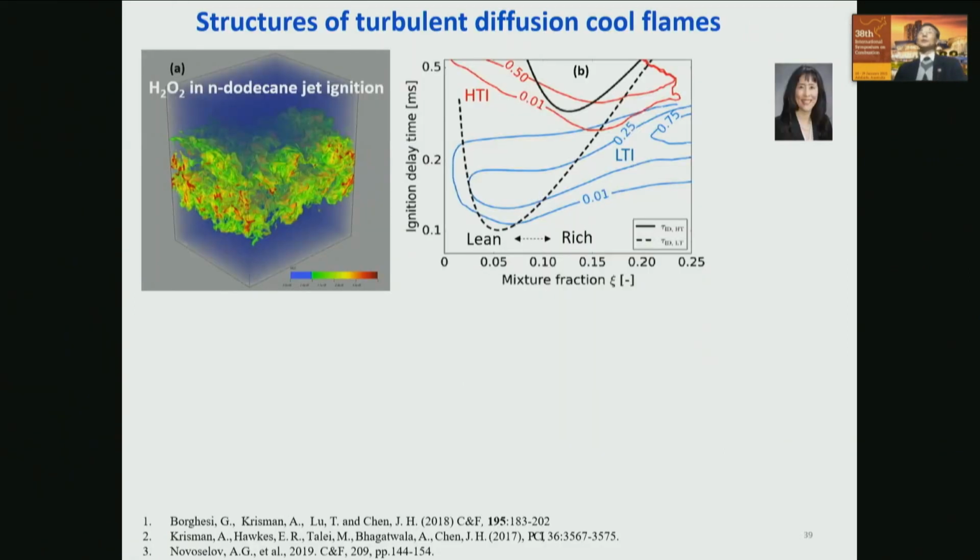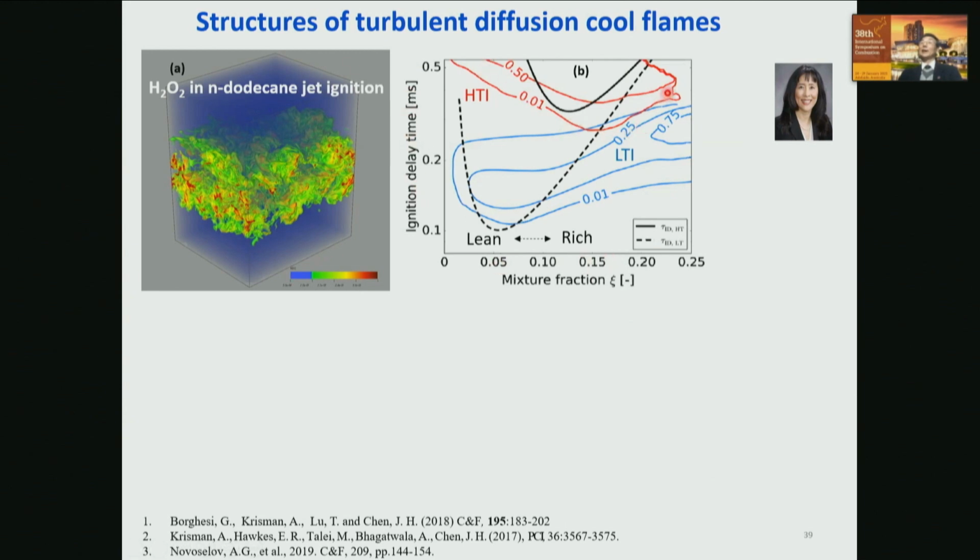So for turbulent diffusion flames, Jackie and her group did a lot of studies of a high temperature fuel jet into a high temperature air environment. As you can see from here, with n-dodecane, you form a lot of hydrogen peroxide, indicating strong low temperature combustion. Interesting is to look at this figure, where you have ignition delay time and mixture fraction.